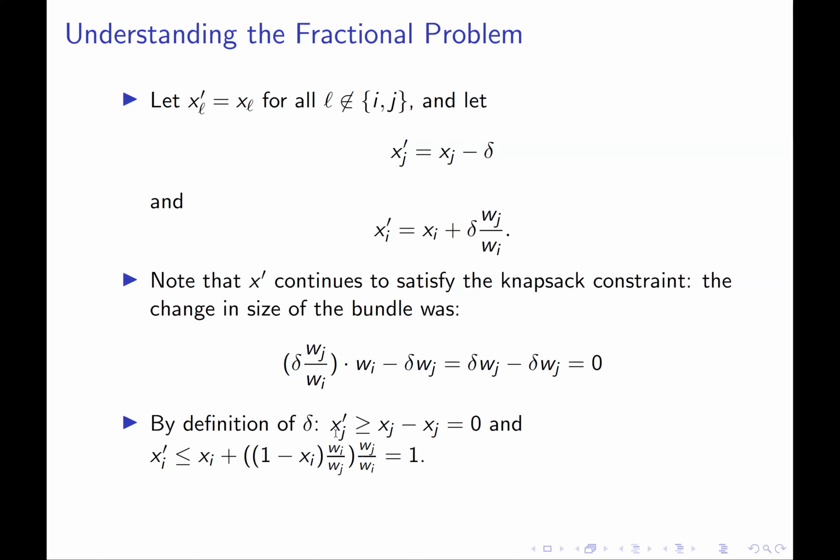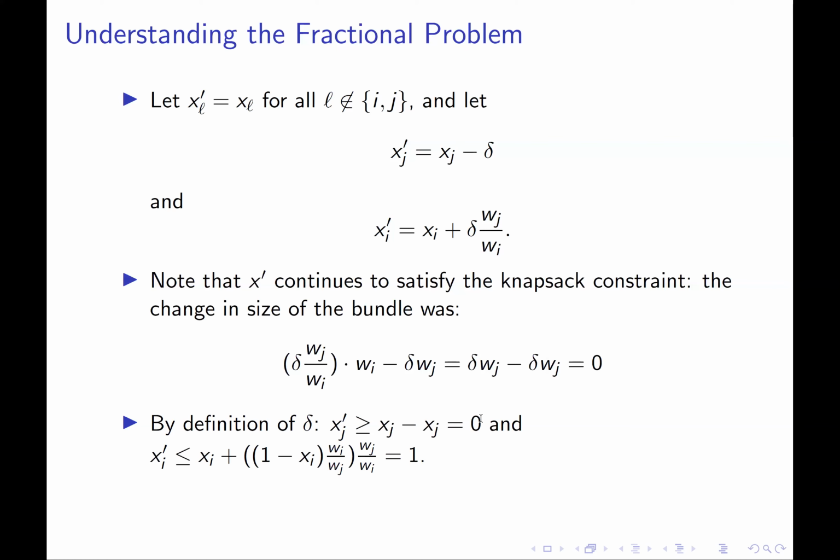And so xj prime is at least xj minus the largest value that delta can possibly take, which is xj. And so it's at least 0.